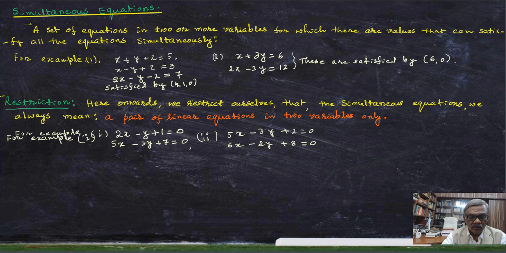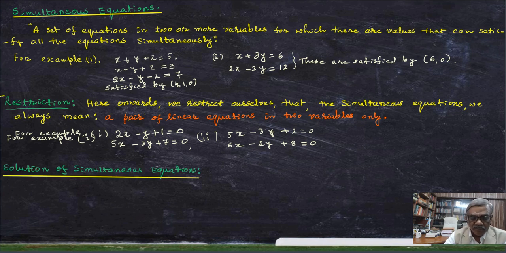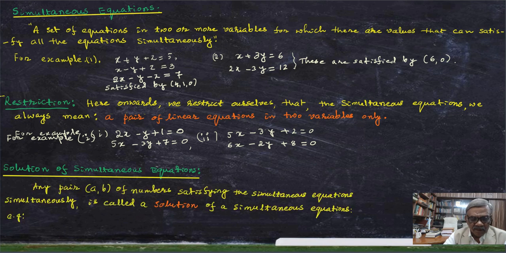And now some solution. What do we mean by a solution of the simultaneous equations? Any pair (a, b) of numbers satisfying the simultaneous equations simultaneously is called a solution of the simultaneous equations.